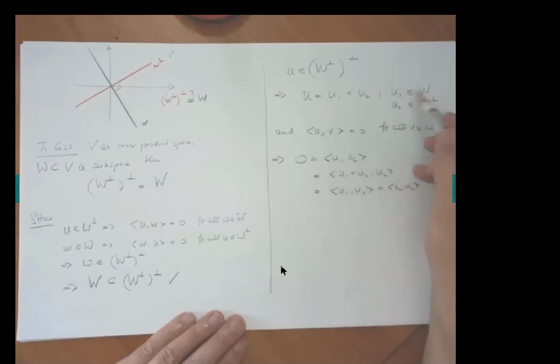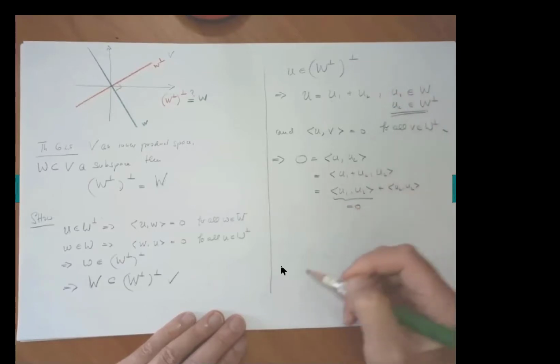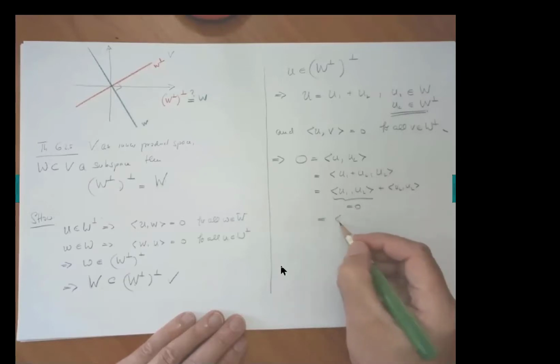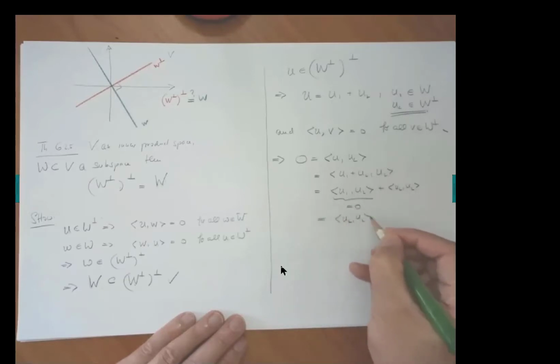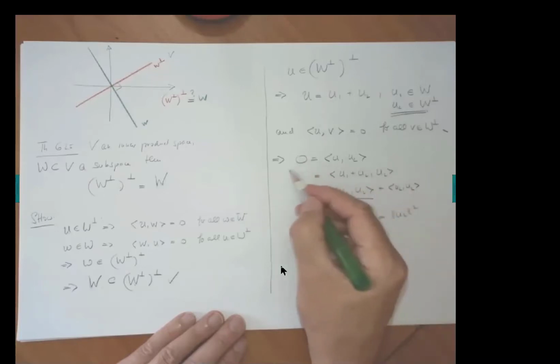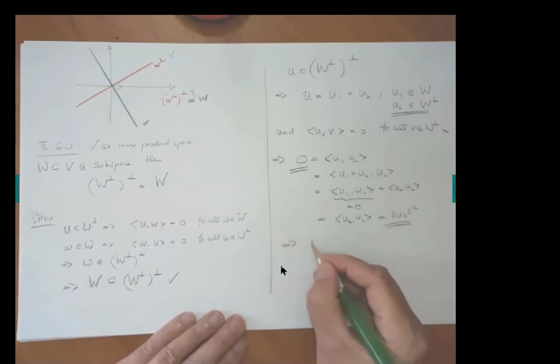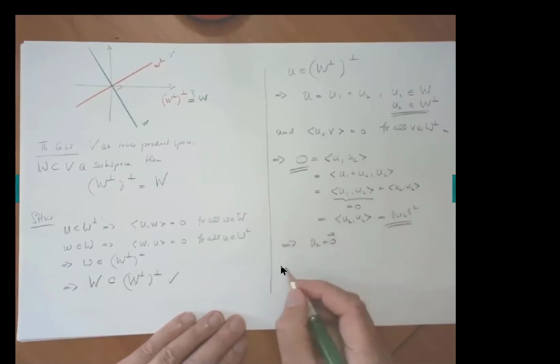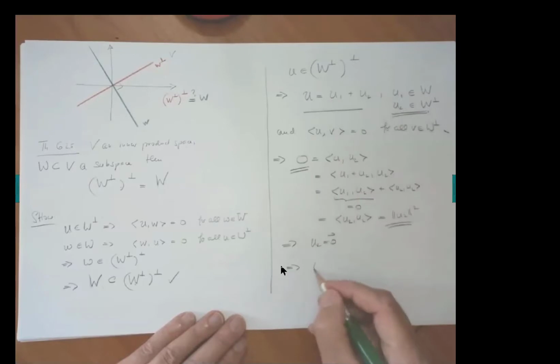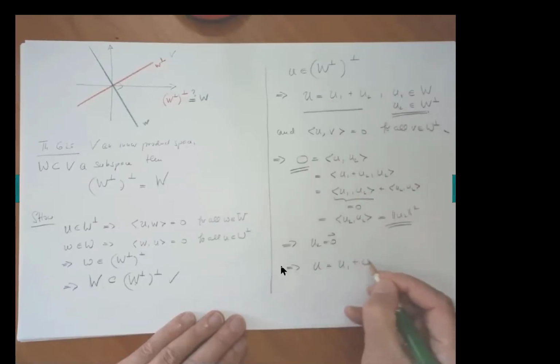U1 is in W, U2 is in W complement, so this here is 0. So we have the inner product of U2 with U2, which is the norm of U2 squared. So now we know 0 is equal to the norm of U2 squared. That means U2 is equal to the 0 vector. And that means U is equal to U1 plus 0, which is U1, an element in W.